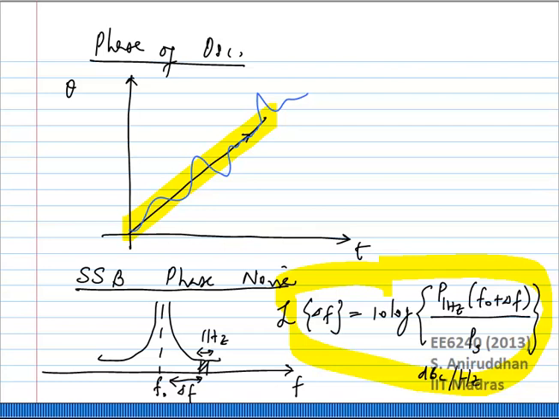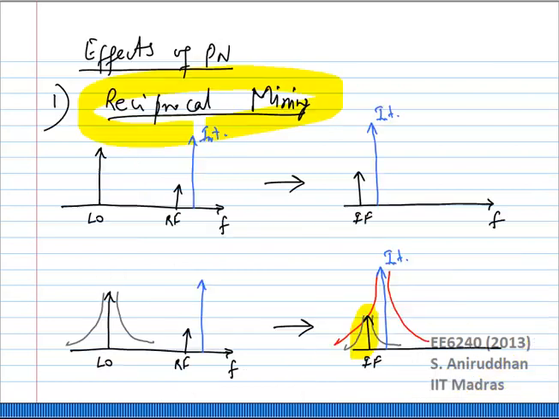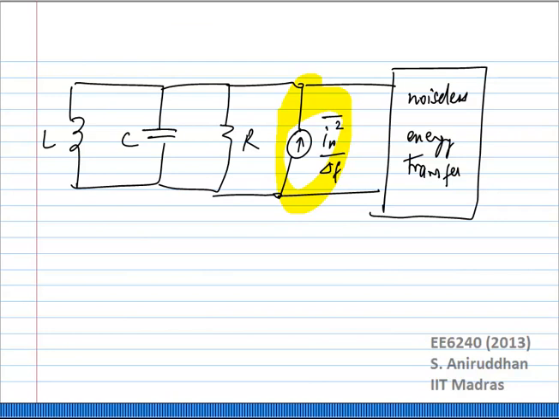Okay, correct. Yes, that's right. So we are going to represent all these noises as one single IN squared by delta F. Actually, it doesn't matter how you split the noise, because you are just interested in the noise power.